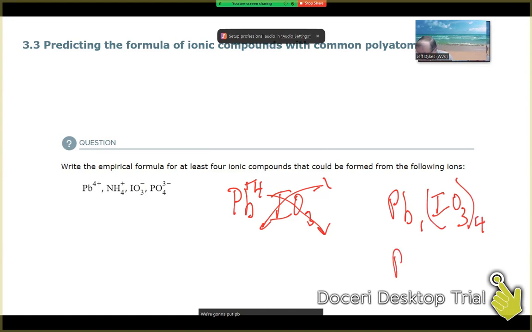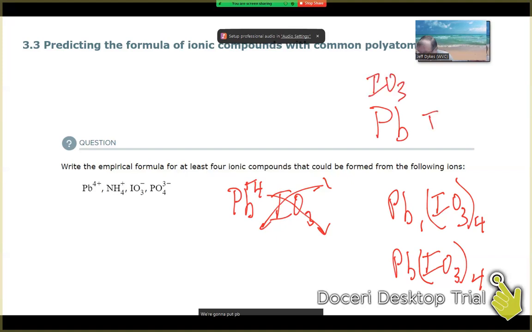Okay, and then we can dispense with the ones. So this parentheses around the whole thing means that there's 4 of those. Okay, so it'd be this kind of guy here, and then IO3 and IO3 and IO3 and IO3, minus plus 4. Okay, so that's how it would be arranged. All right, so that's the first one that we can do.